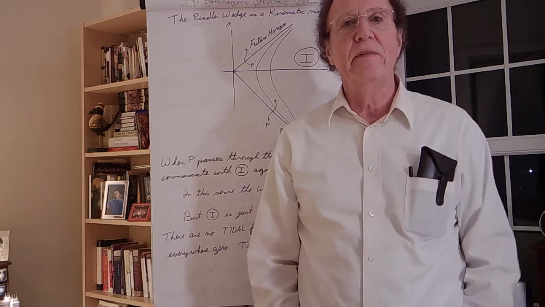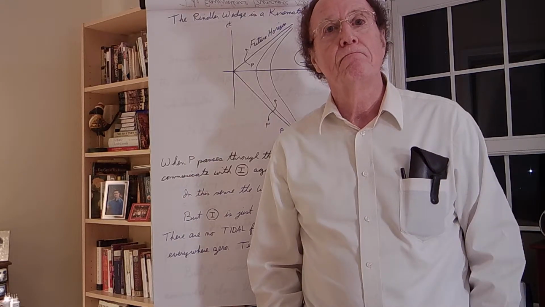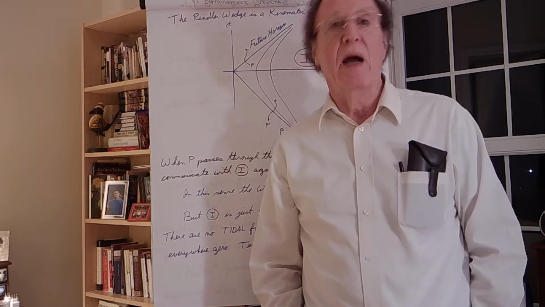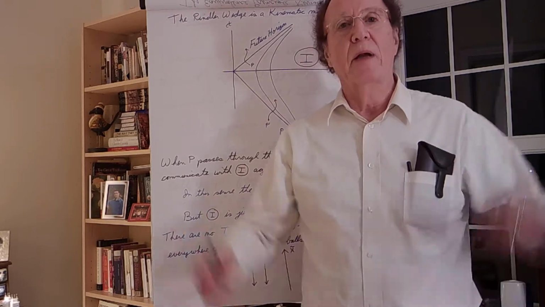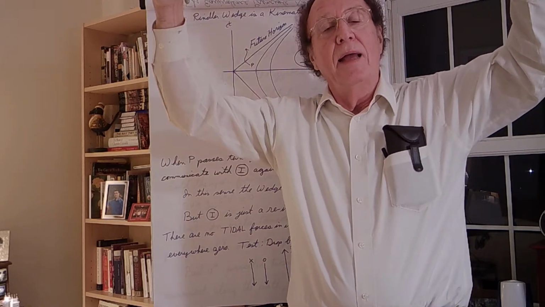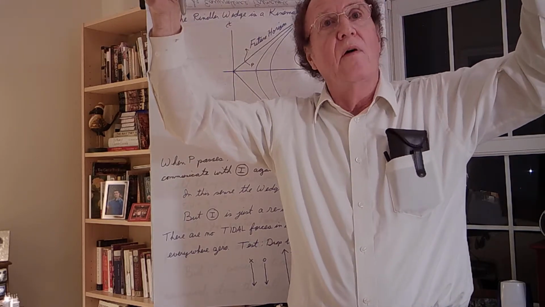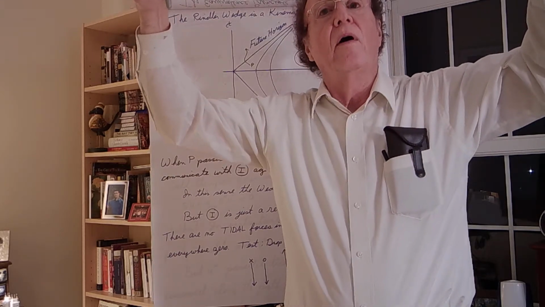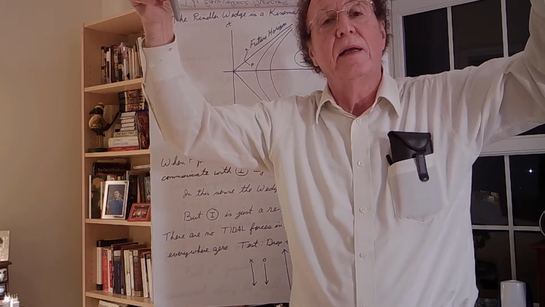How would I look for curvature? Well, I'm not going to do a calculation. I'm just going to do an experiment. My experiment will be to drop a couple of test particles. And what am I going to look for? I'm going to look for tidal forces. I'm going to look for geodesic deviation.